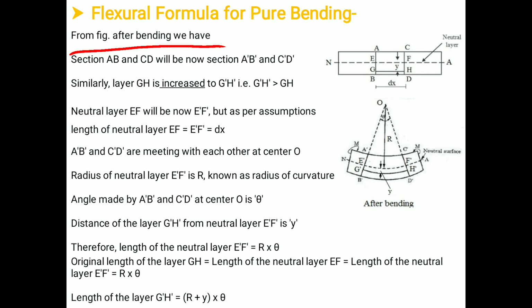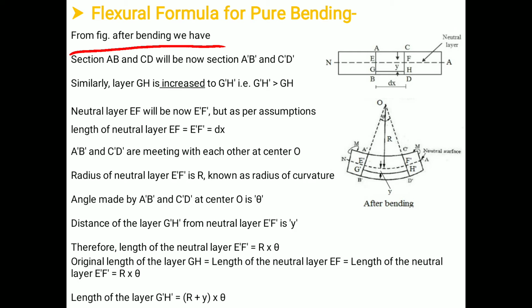Remember that due to the action of pure bending, the beam will bend into the arc of a circle. In the same manner, layer GH will increase to G'H'. This is a very important concept we are going to discuss.